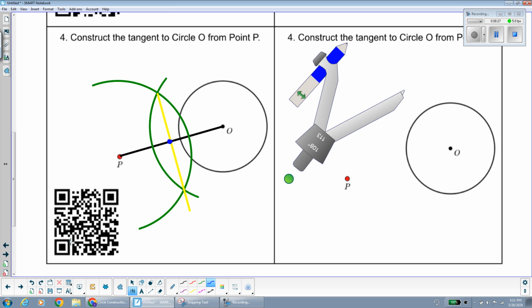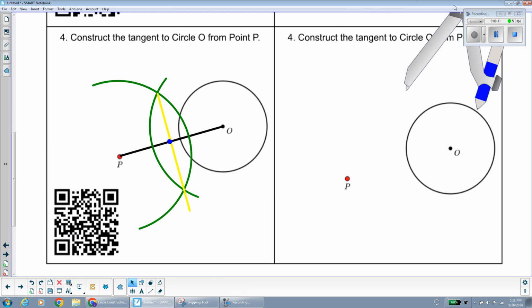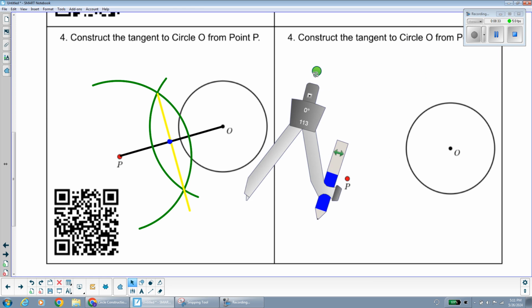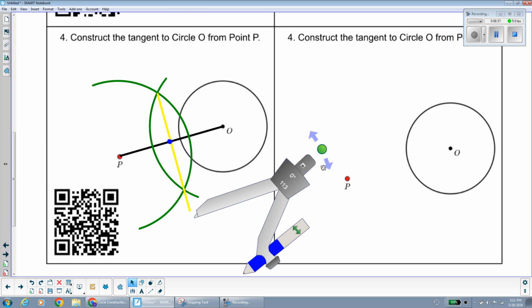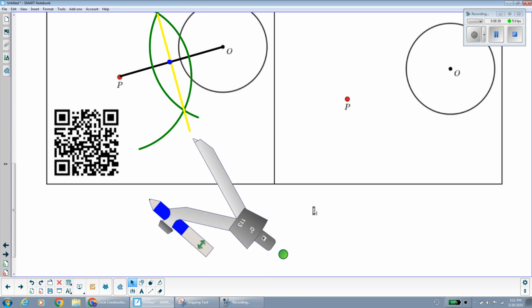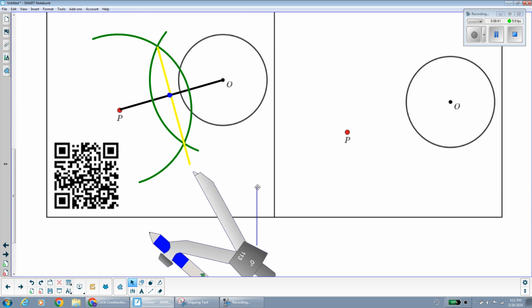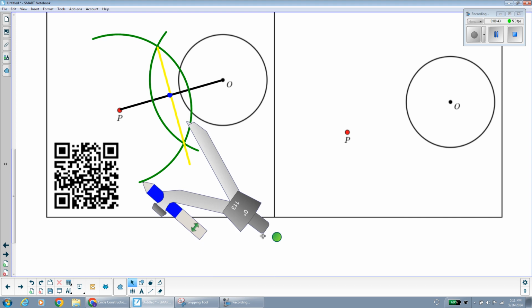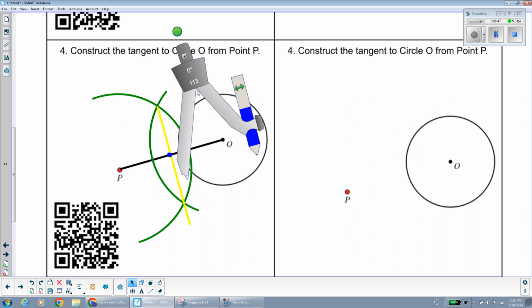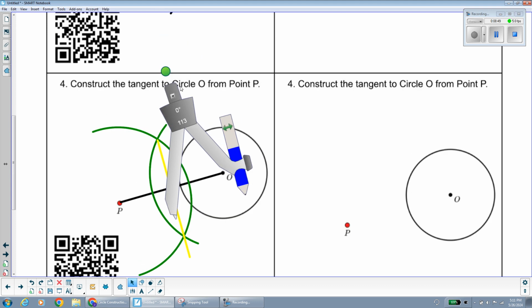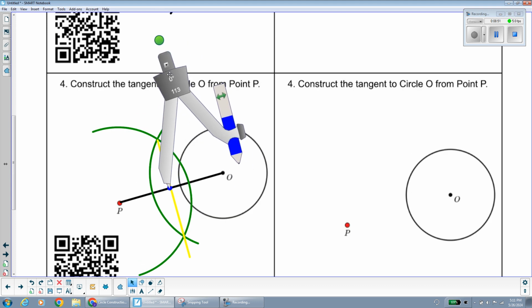What I'm going to do now is I'm going to take my compass, and I'm going to stick my compass on that midpoint. Let me turn it upside down on here so I can actually see what I'm doing. Once again, constructions are very annoying on the computer. Okay, there we go.